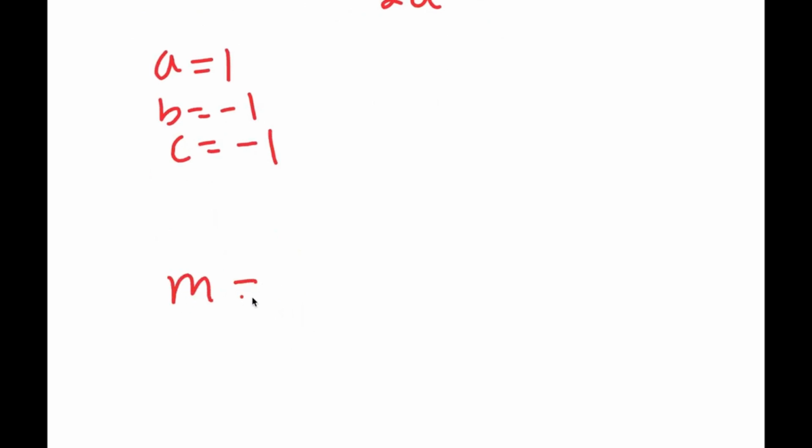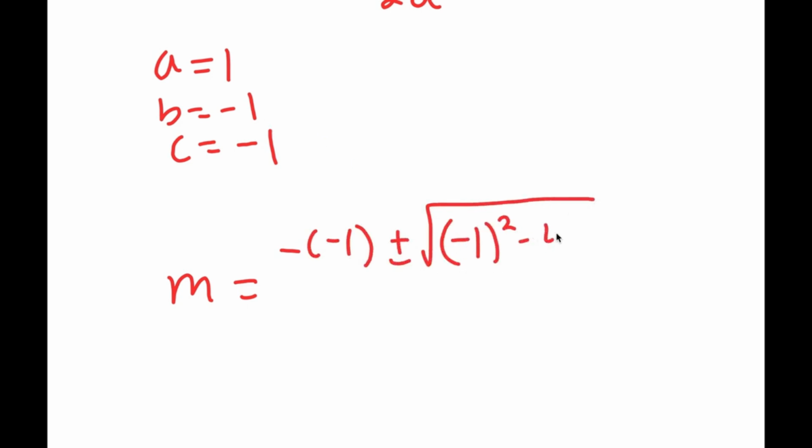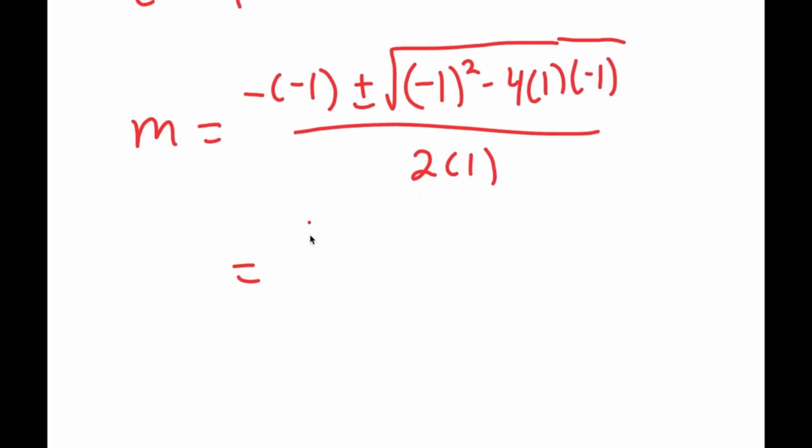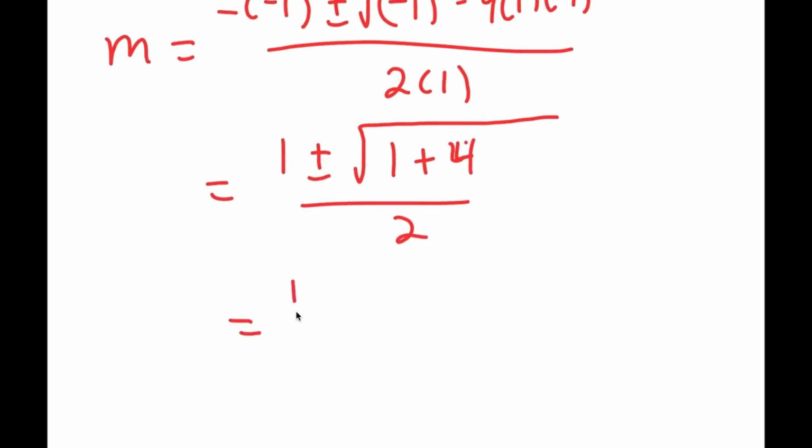So I get m is equal to negative of negative 1 plus or minus the square root of negative 1 squared minus 4a, which is 1, times c, which is negative 1, all over 2a, so 2 times 1. And this turns into positive 1 plus or minus the square root of 1 plus 4, over 2, which is equal to 1 plus or minus the square root of 5 over 2.